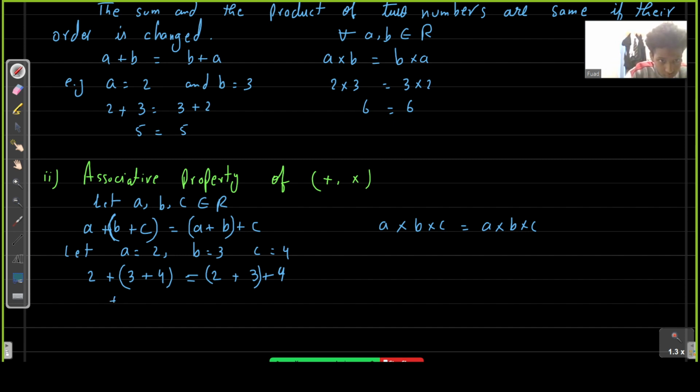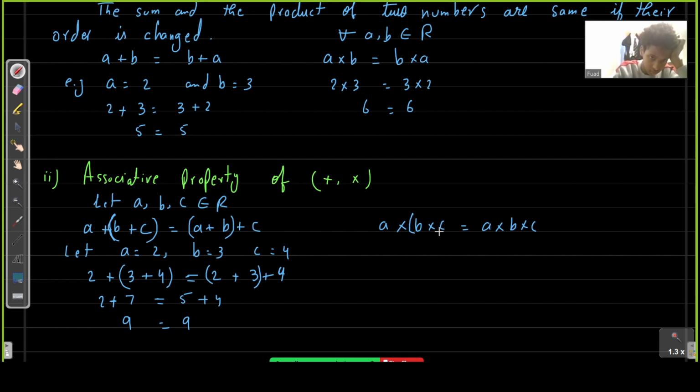So what's going to happen? 3 plus 4 is 7, and on the right side, 2 plus 3 is equal to 5. So 2 plus 7 is 9 and 5 plus 4 is equal to 9. It means the associative property holds. We can choose any formation to add the numbers.